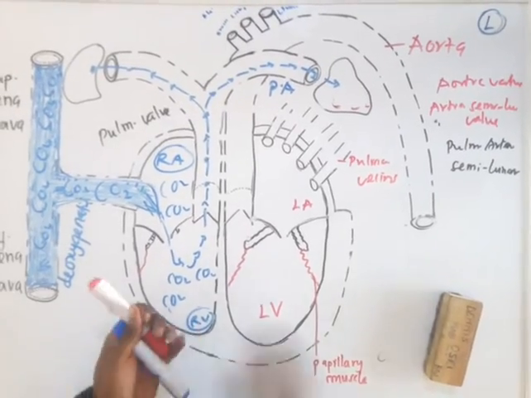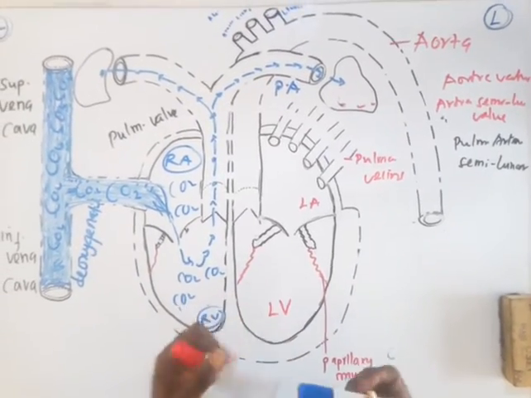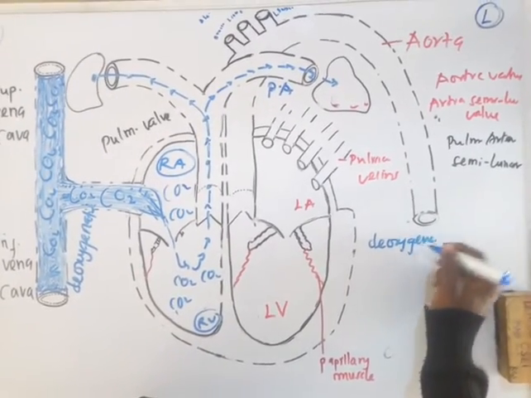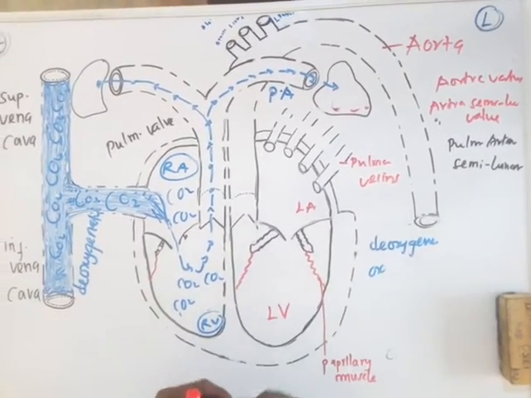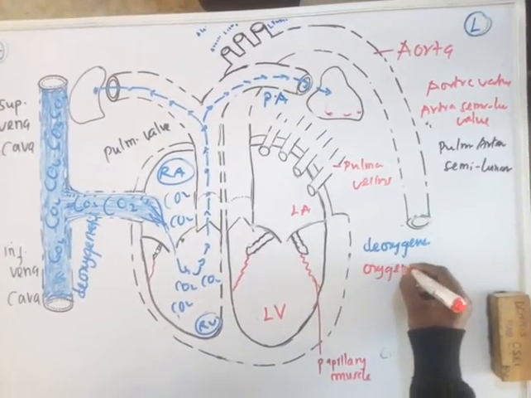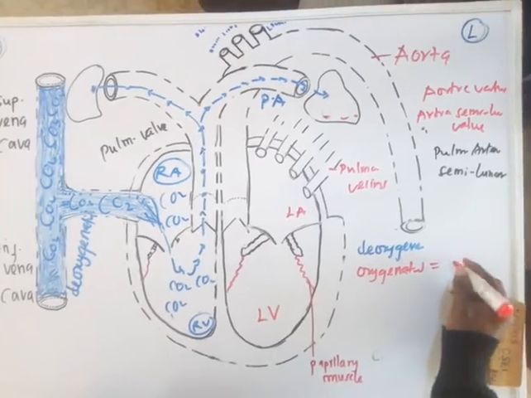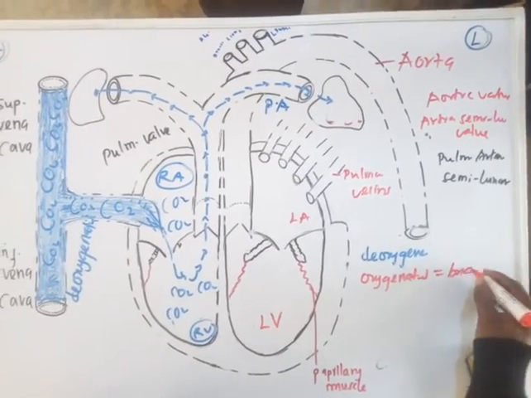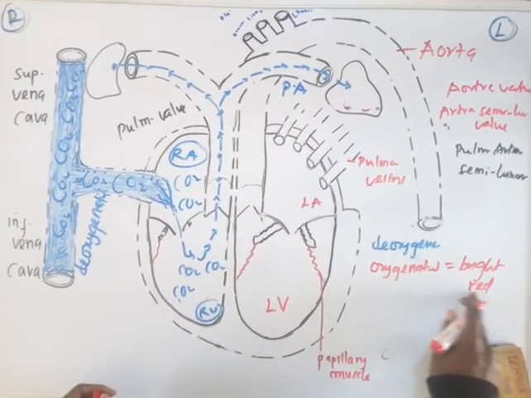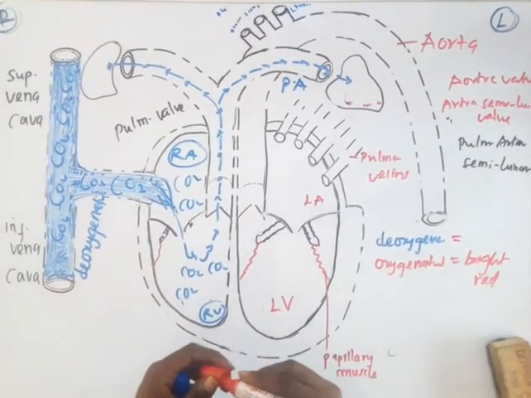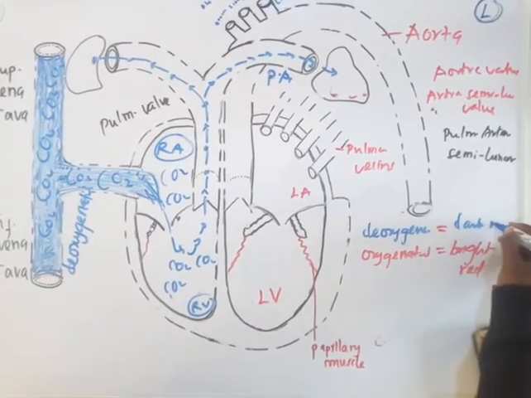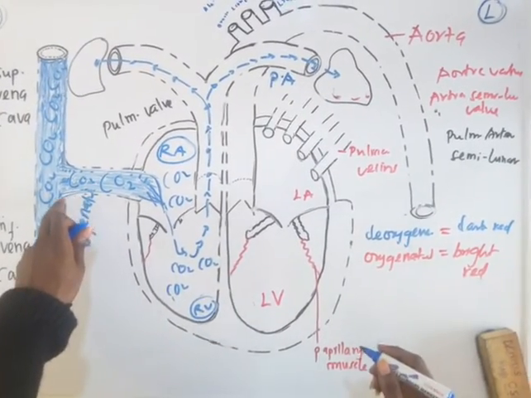But before I move on, the color of deoxygenated blood and the color of oxygenated blood: oxygenated blood is bright red, and deoxygenated blood is dark red. Although we are representing it as blue, it's not blue.